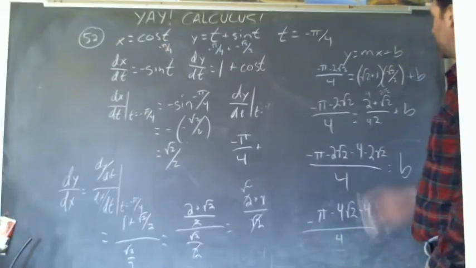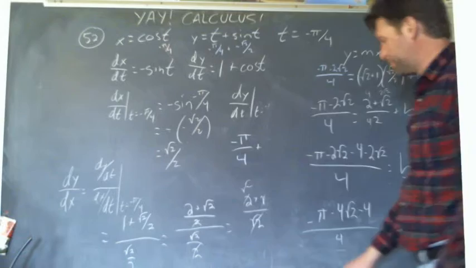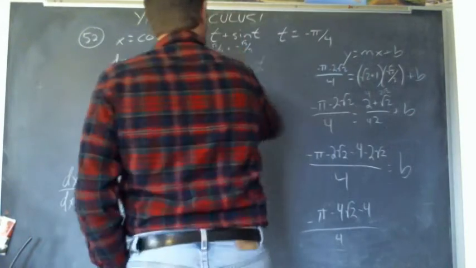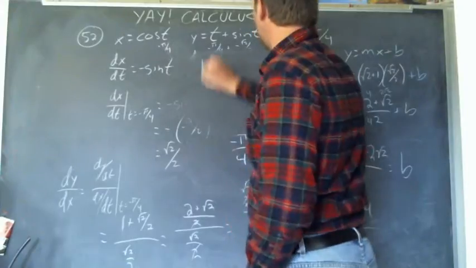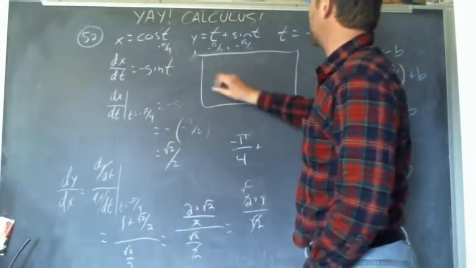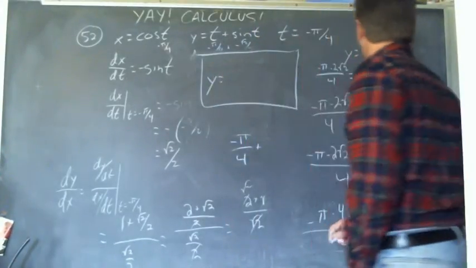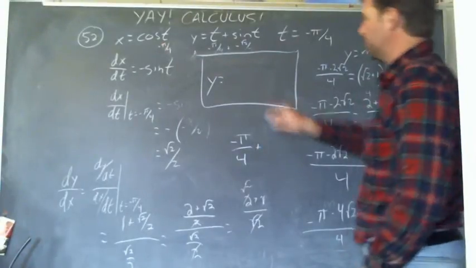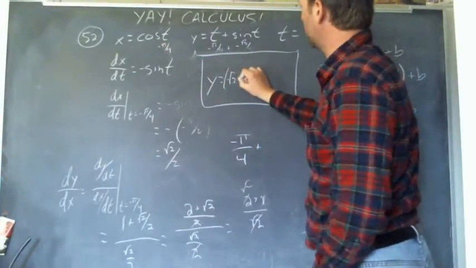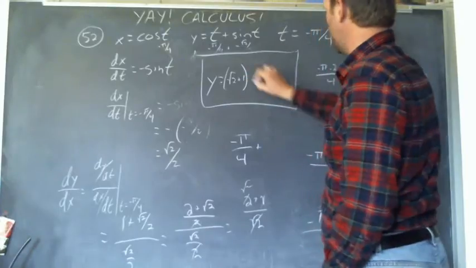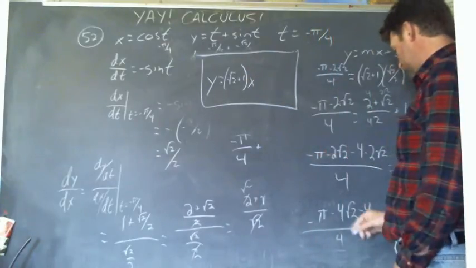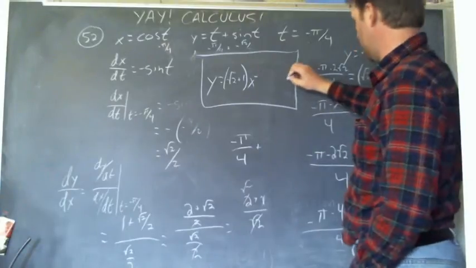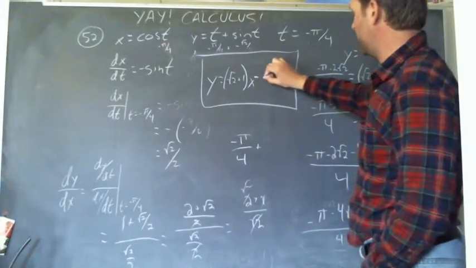And so then we can just rewrite our original statement. Our tangent line, y equals, and our slope is radical 2 plus 1. Our x is our x. And then since all these are negative, we'll just make this a minus out front.